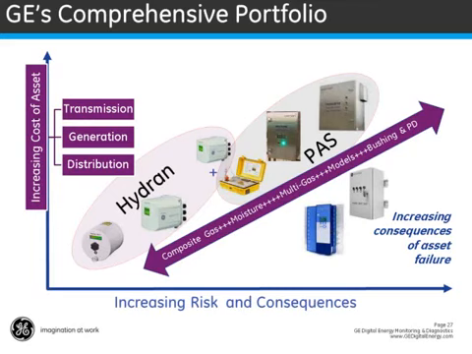Other factors to consider, of course, are the cost of the transformer, the criticality of the transformer, and one needs to look at the overall risk. What is the probability and the consequences should a transformer fail? One thing is for sure, everyone's need is different.